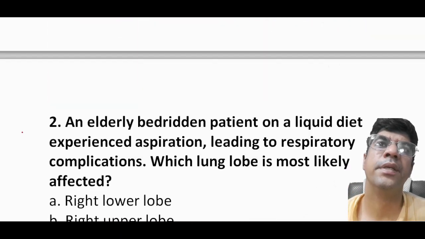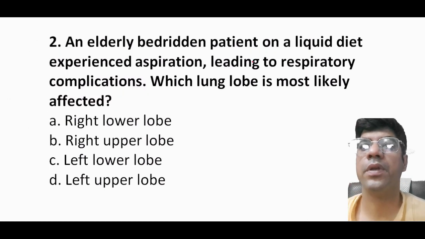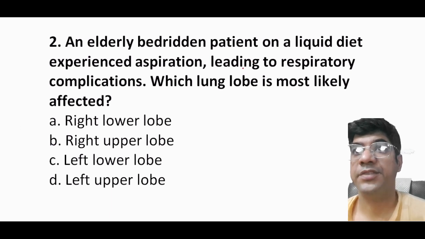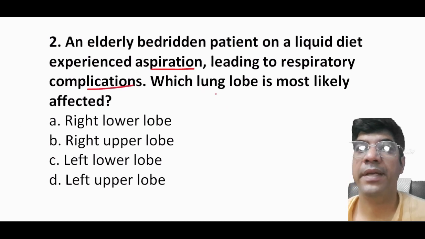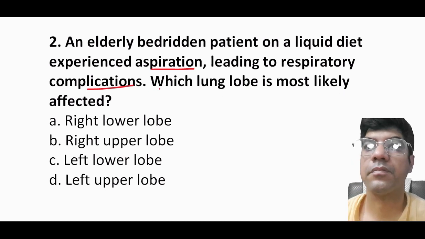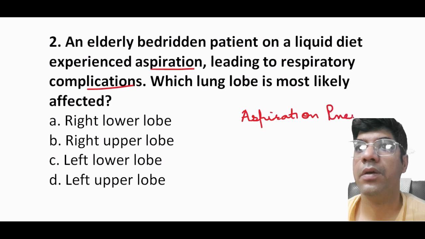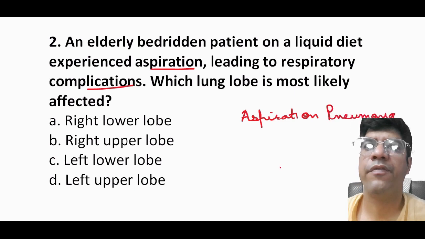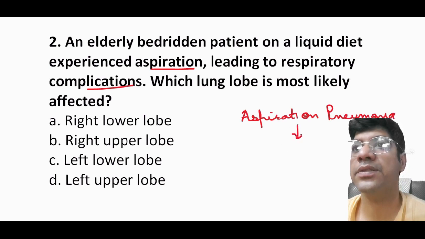The next question is: an elderly bedridden patient who is on a liquid diet experiences aspiration that leads to respiratory complication. Which lung lobe is most likely affected? Now we know that aspiration pneumonia occurs when foreign material such as food or liquid is inhaled into the lungs.